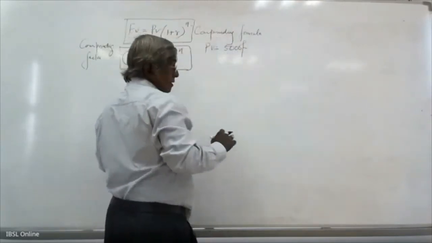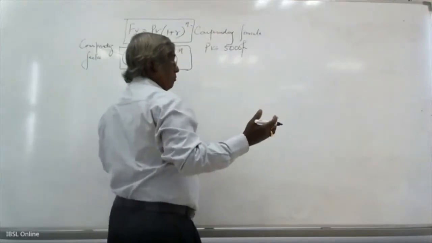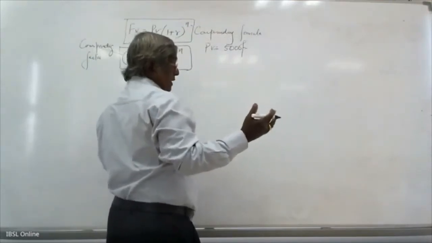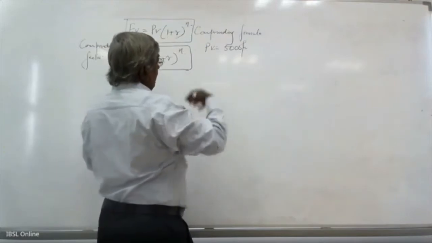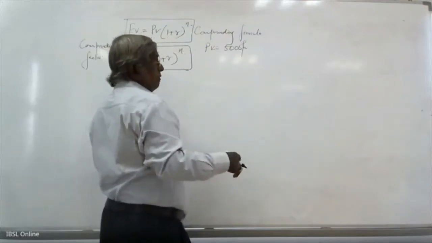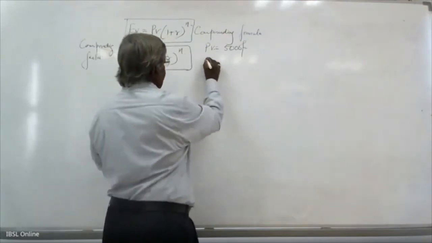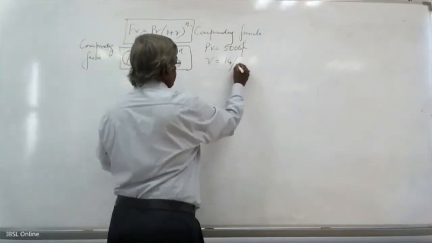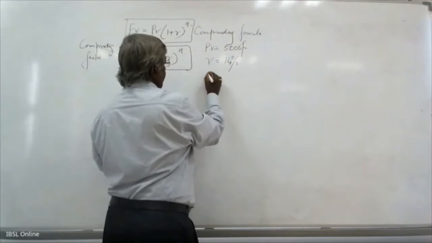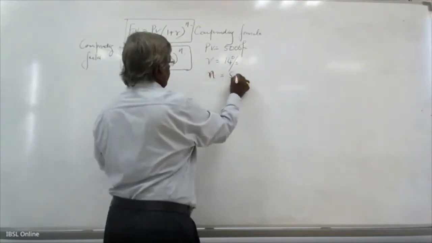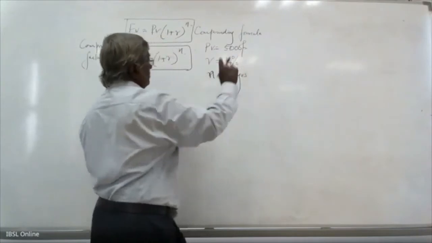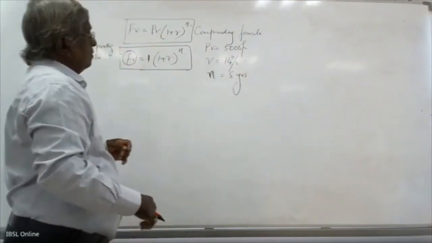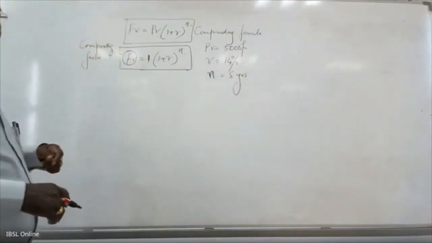That is the money I have now, the present value, 5,000. I am investing in a fixed deposit with automatic renewal at an interest rate of, say, 14% for a period of N, for a period of 5 years.